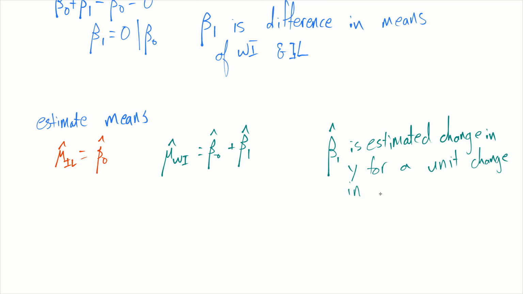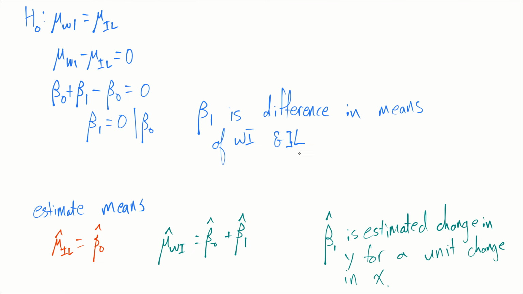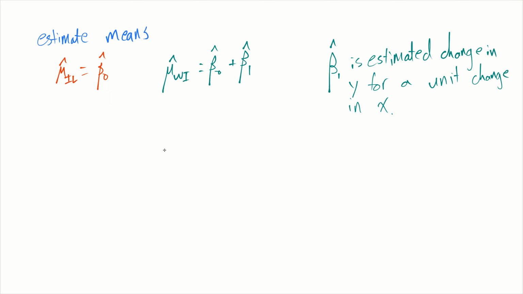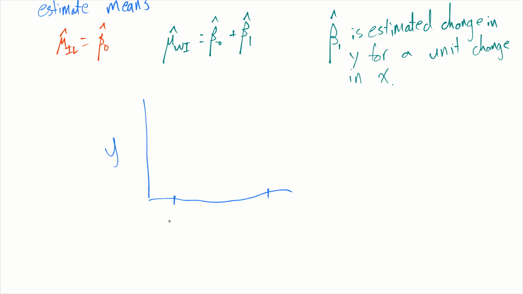in x. Alright, so let me show you a picture that might help you make a little bit more sense of what we mean by this unit change. And it's the same thing as we talked about before. Let's say you have your yield data, y, which is yield, and you plot side by side the data from Illinois.